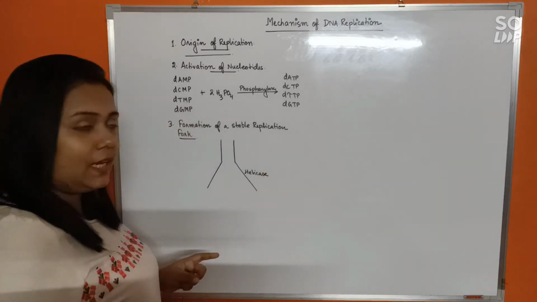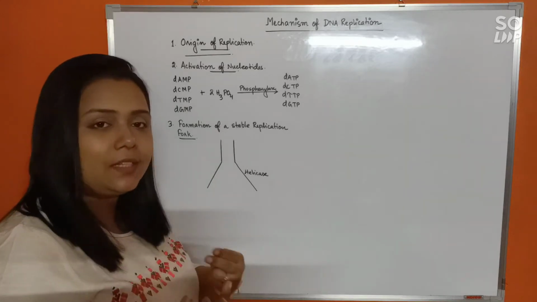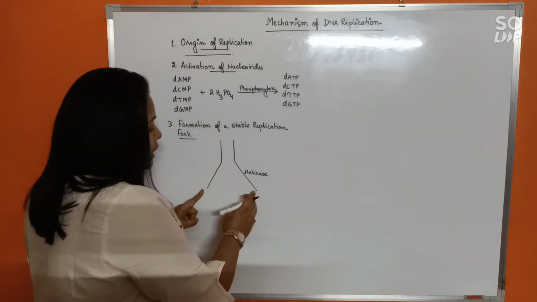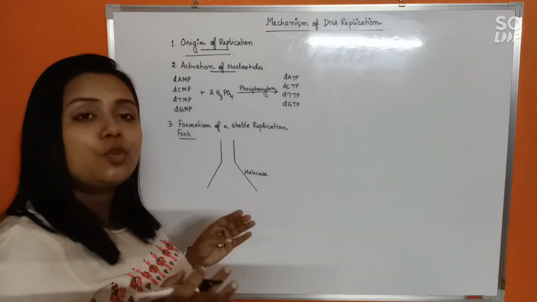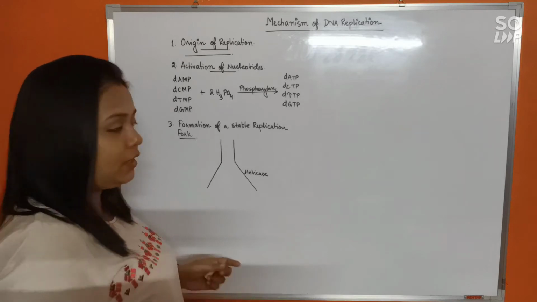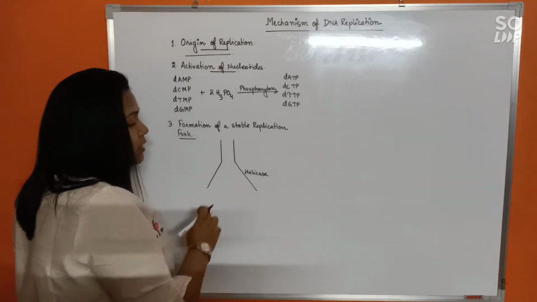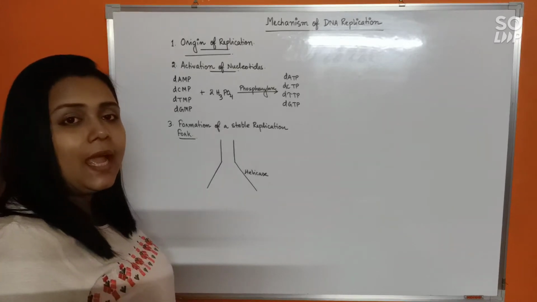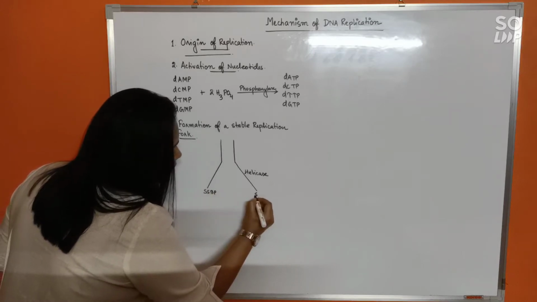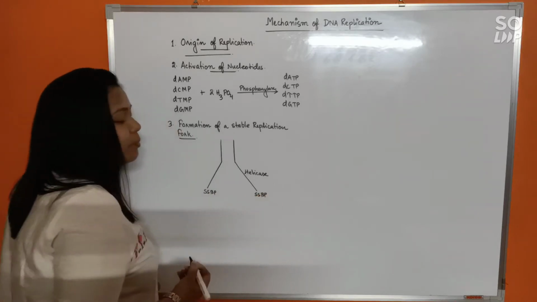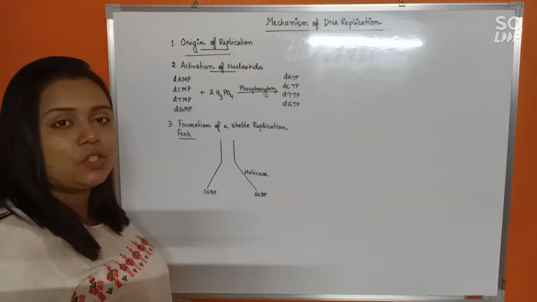Now because the DNA has been a coiled up, helical structure, these two strands which have been separated still have a tendency to get back together. So that they do not get back together again, these two strands have to be stabilized, and that is done by SSBP, single strand binding protein. So that now the two strands cannot get back together.